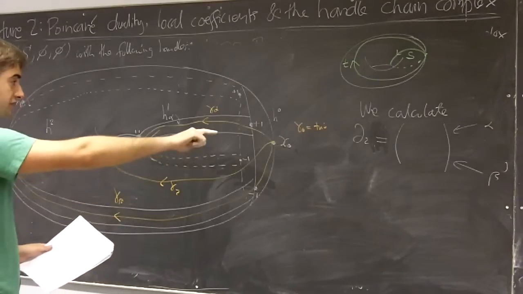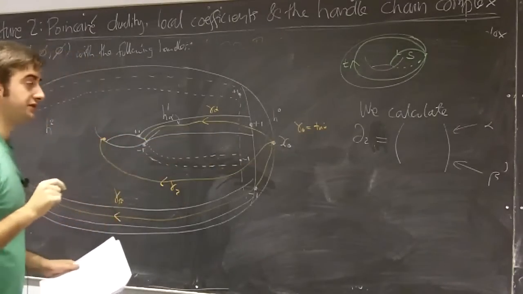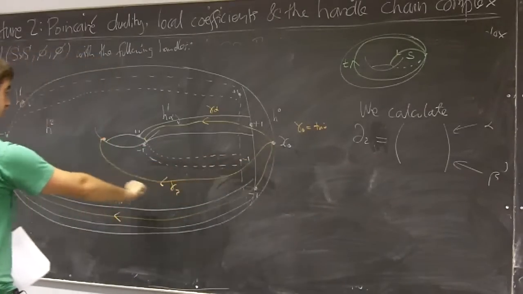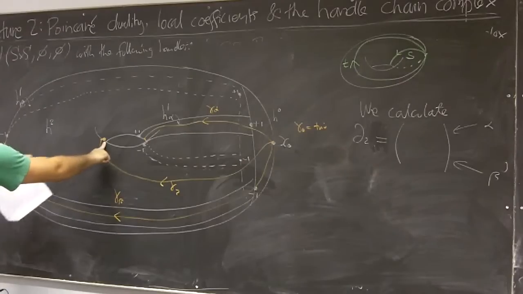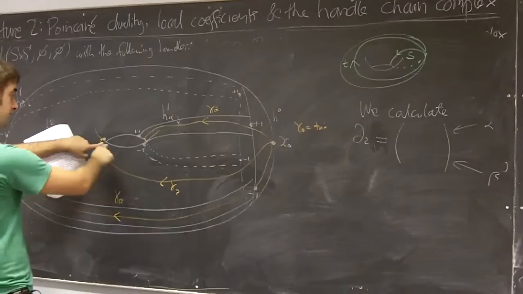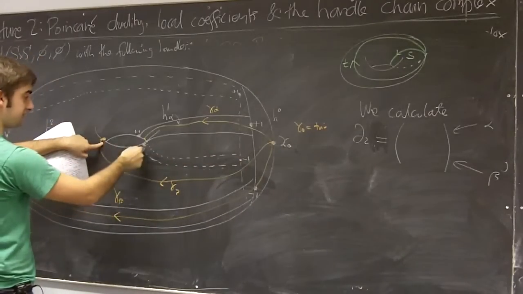Well, first of all, you take the path to the center of the 2 cell, the 2 handle, so that's going around here. Then from there we go to each of the intersections with the alpha 1 handle, so we either go here or we go here. So let's say we go to -1 first, so we choose a path that goes around like this.